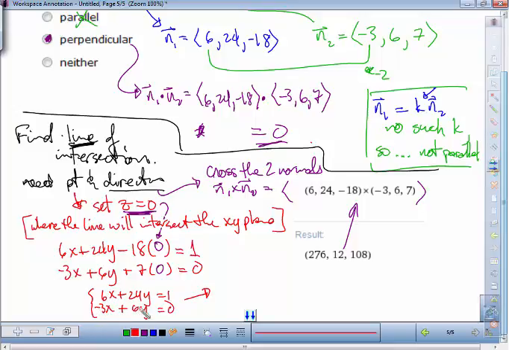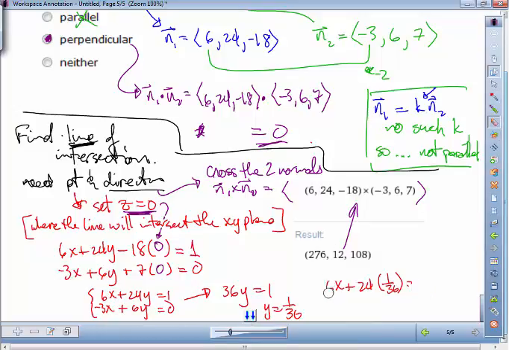I'm going to get 0 for x. 24 plus 12 is 36. Y is equal to 1 over 36. And x is going to be, well, I need to do a little bit more work on that.